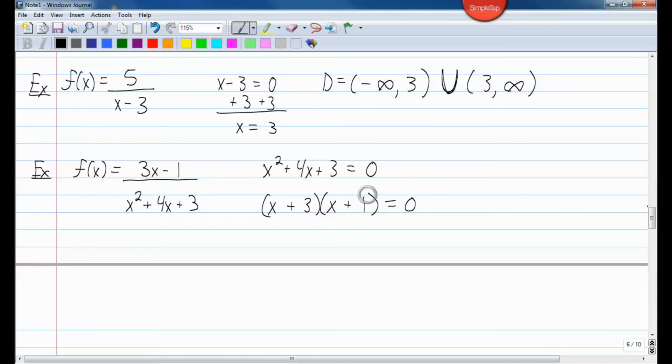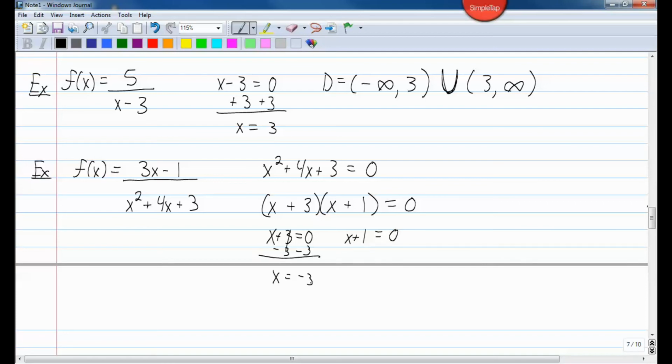That would give us a positive 3, and that would give us a 4x in the middle. Now set each factor equal to 0. So x plus 3 equals 0, x plus 1 equals 0. Solve for x.